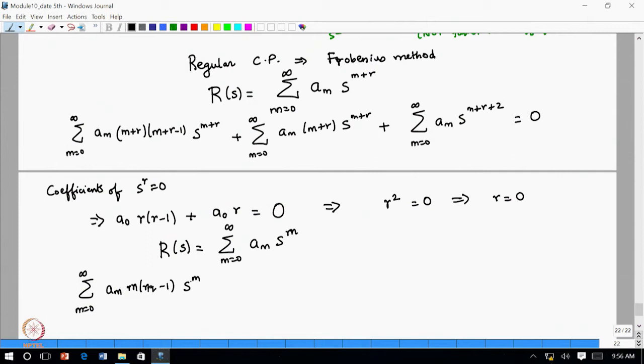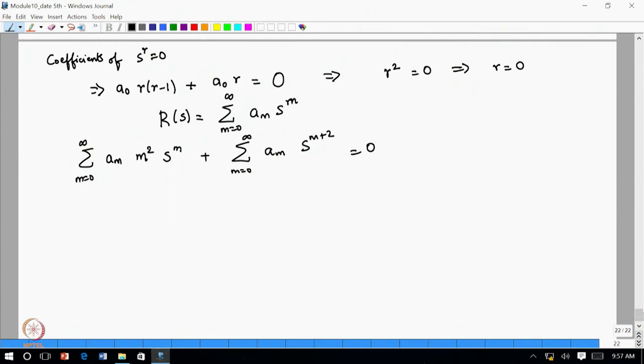Let me combine these two terms. I will just write a m times m minus 1, and you have m here. So if I add those two, I will just get m square s raised to m, plus the sum over m equal to 0 to infinity of a m s raised to m plus 2 equal to 0.